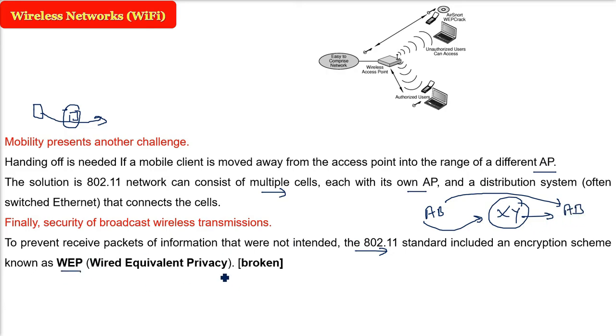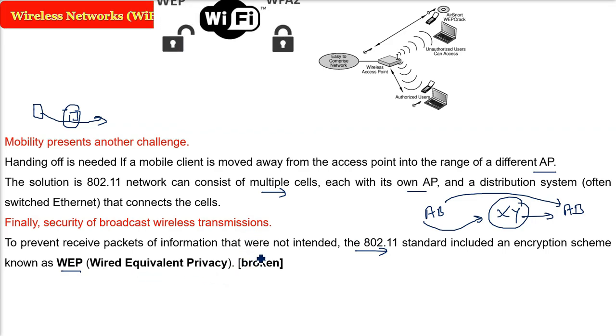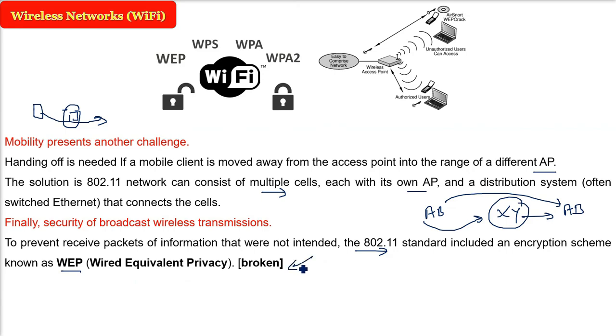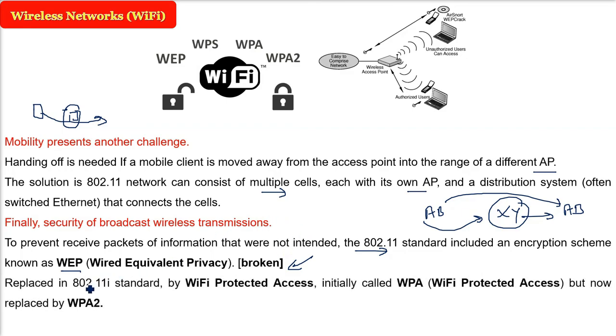WEP, Wired Equivalent Privacy, was very popular. But finally this was broken, as an encryption technique. Then came 802.11i, and it was replaced by Wi-Fi Protected Access. Initially it was called WPA, but now it has changed to WPA2.